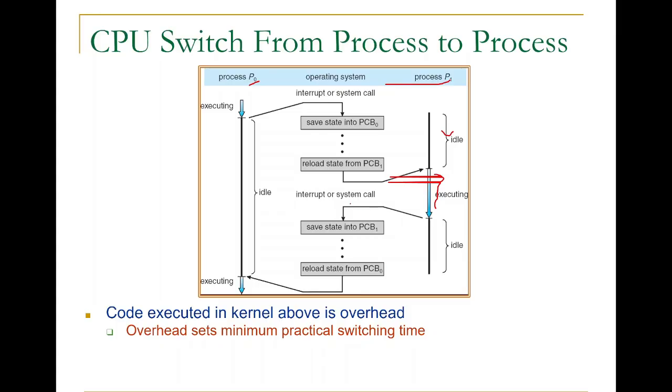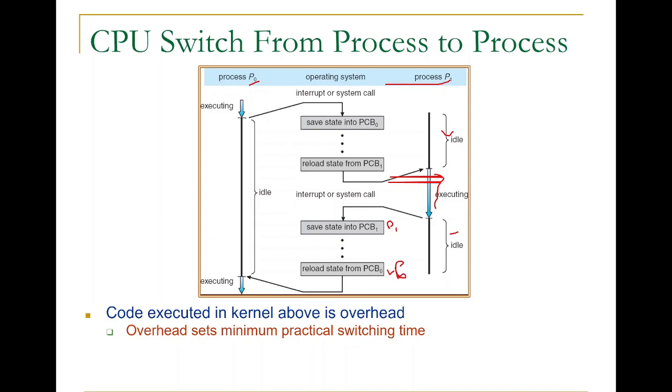When that system call or interrupt comes up, it saves the state of the process control block of process 1. And within that period, nothing happens. The CPU does not do anything. That's why we call it overhead. And then after that, it loads the process control block of P0 into the system again and starts executing.